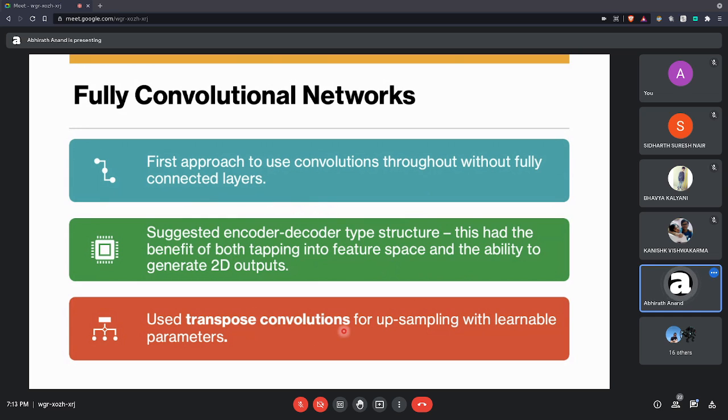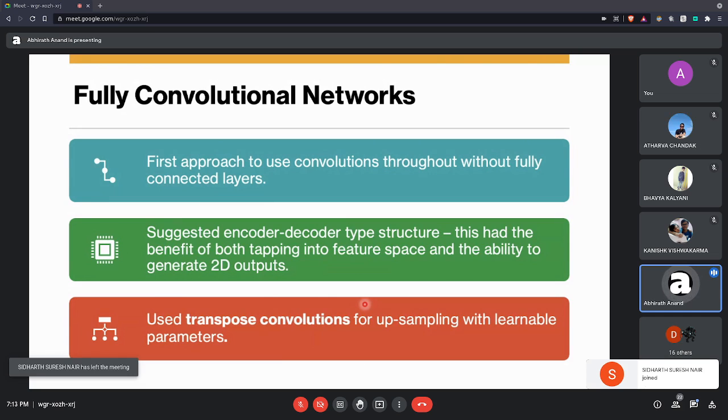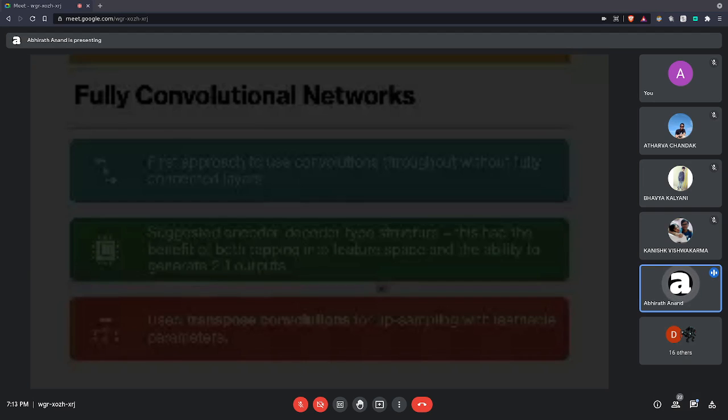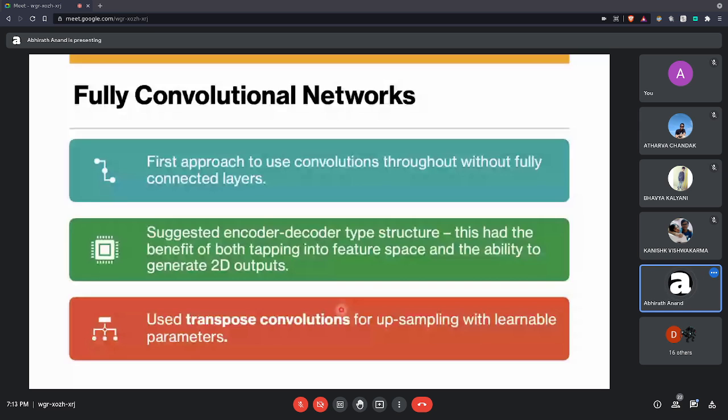And this is where they use transpose convolutions for upsampling, and these are all learnable parameters. So everything that we will see in the next slide is differentiable. There is no hand engineering for any upsampling or anything, except kernel sizes. All the parameters are differentiable, so you can just backprop through the entire network and it will learn everything.